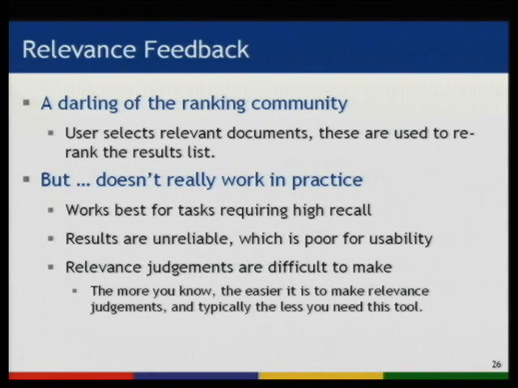But most importantly, relevance judgments are just difficult to make. It's cognitively taxing. Having to select lots of them is even harder, and a lot of relevance feedback requires that. And it turns out that the less you know about a topic, the less you can recognize relevant documents, and the more you would need relevance feedback. So it backfires that way. So it hasn't really taken off.